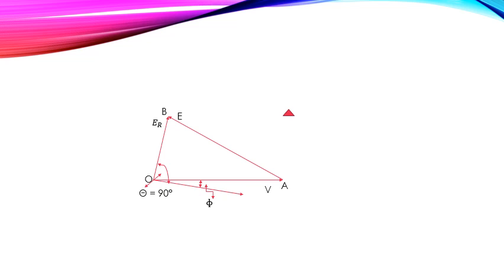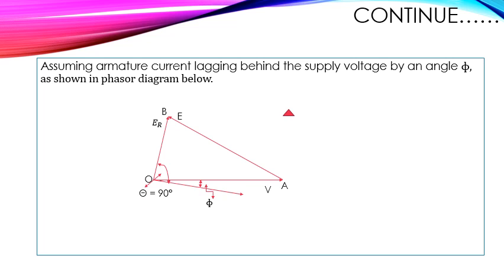So according to that we can draw the phasor diagram. Assuming armature current lagging behind the supply voltage by an angle phi, as shown in figure, that is the phasor diagram. So take V as a reference, then show the current lagging behind V by an angle phi.